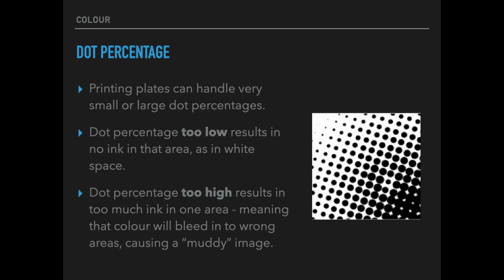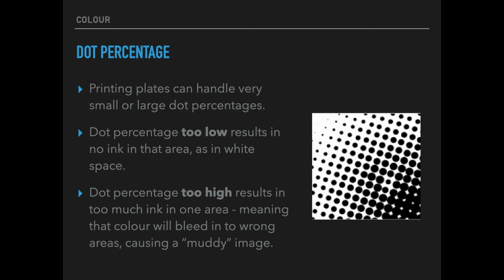Dot percentages. Printing plates can handle very small or large dot percentages. A dot percentage too low results in no ink in that area, as in white space. A dot percentage too high results in too much ink in one area, meaning that color will bleed into wrong areas, causing a muddy image.